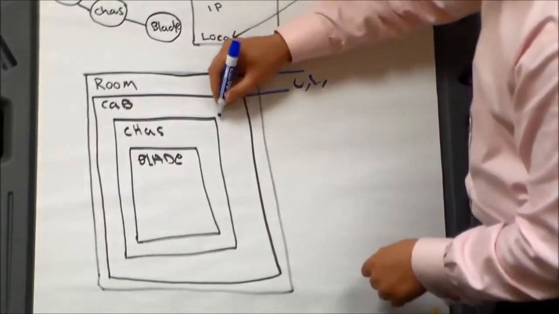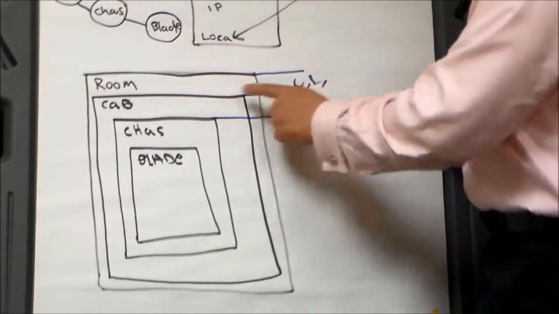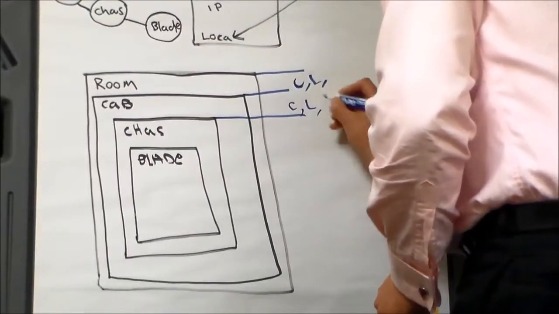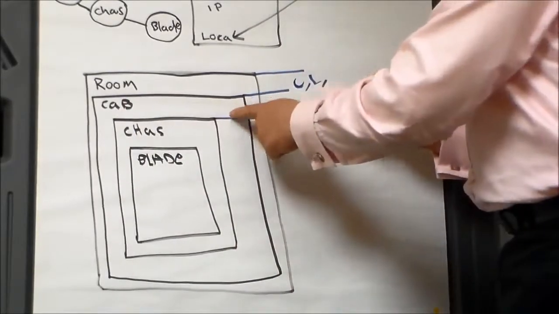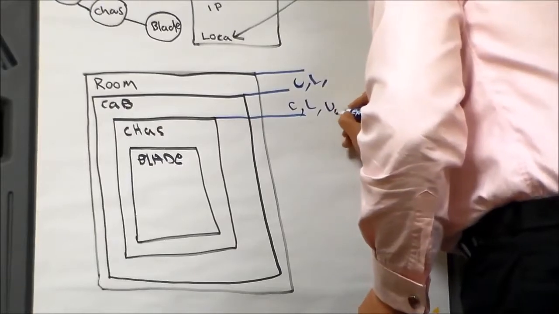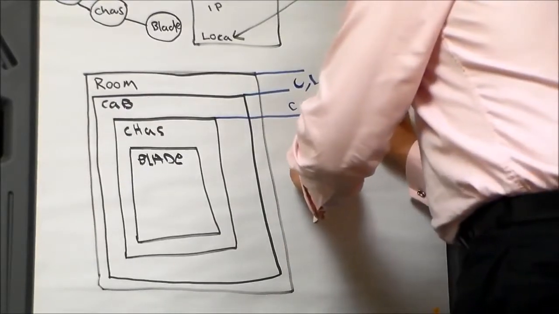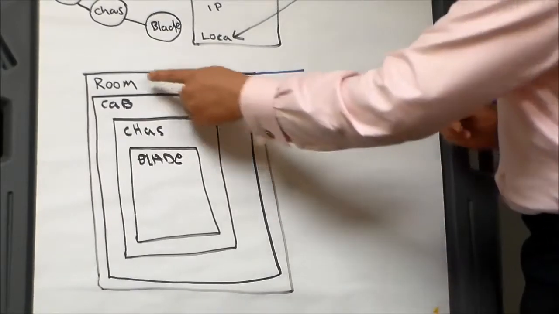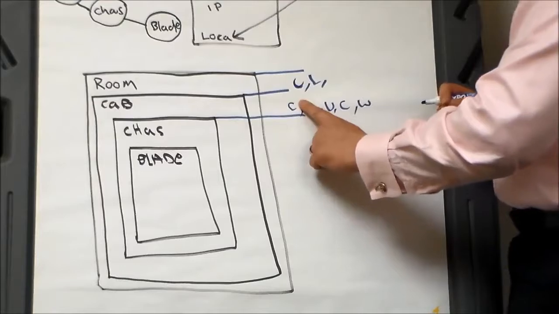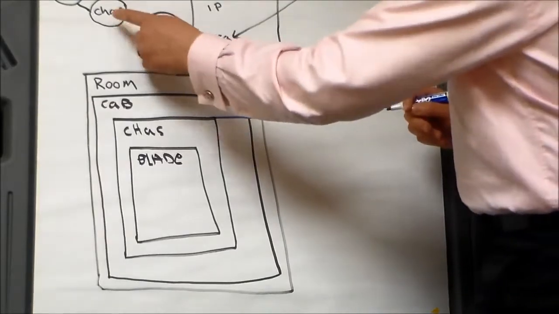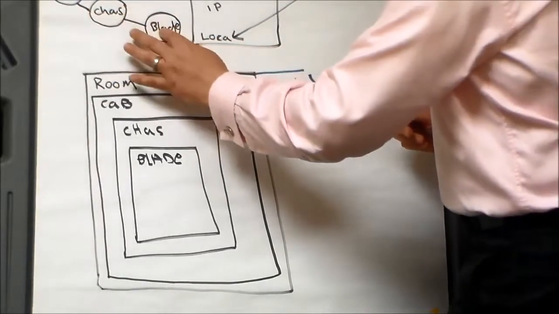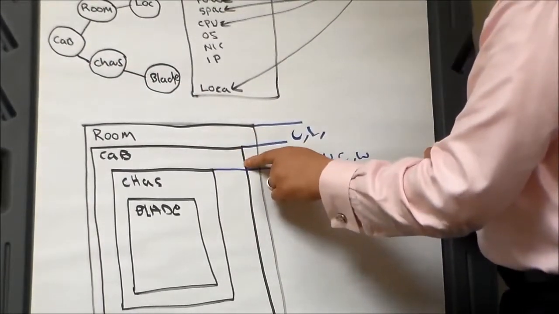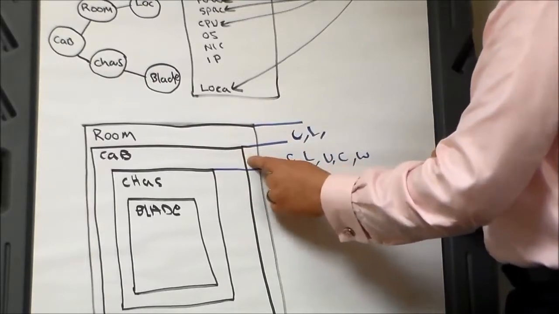Take that down, same again, to the cabinet. What can I get? Well, I can get capacity, I can get locations, I can get locations at a more detailed level now. I can get locations to U positions. I can get cooling. I can get weight. I can start bringing back even more capacity information. So here, going back to the CMDB, how many chassis have I got, how many blades have I got? Here, how many rooms have I got, how many cabinets have I got, how many cabinets could I get inside this room?